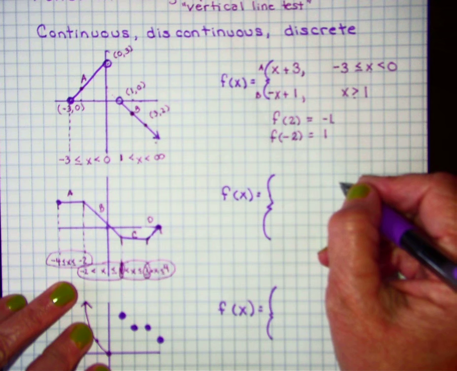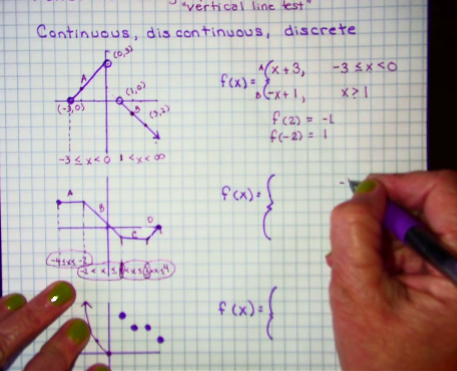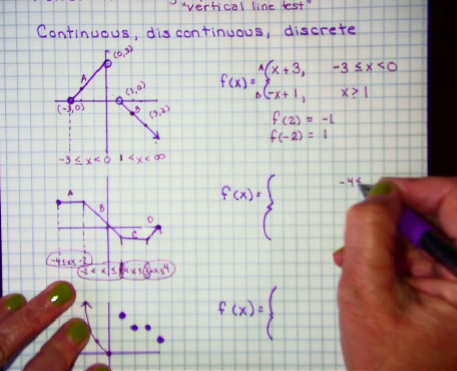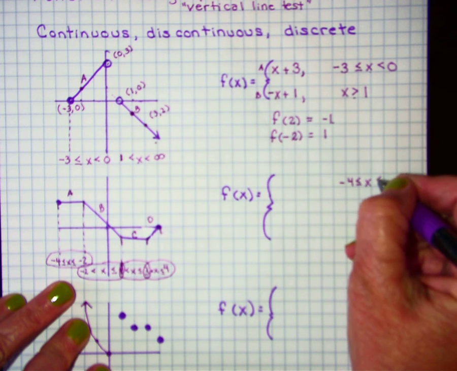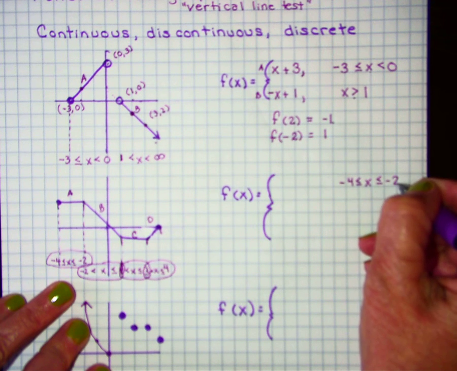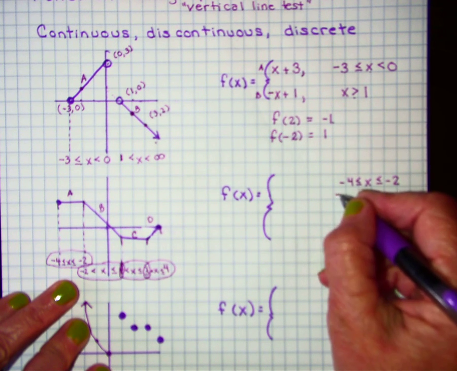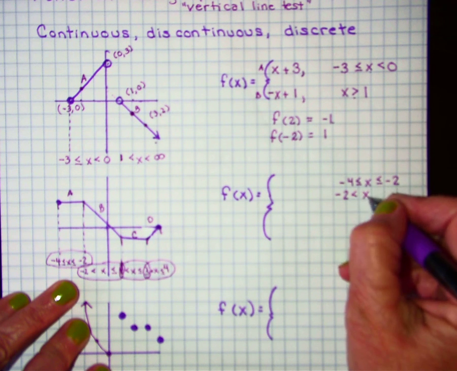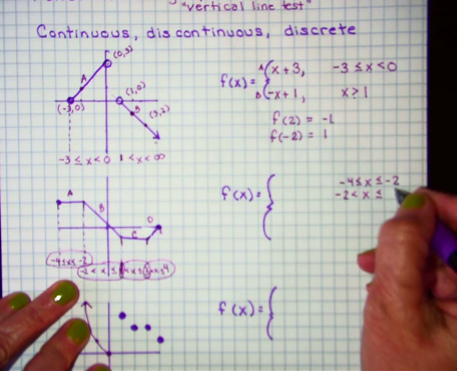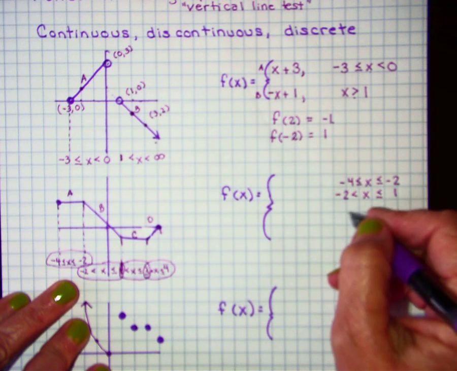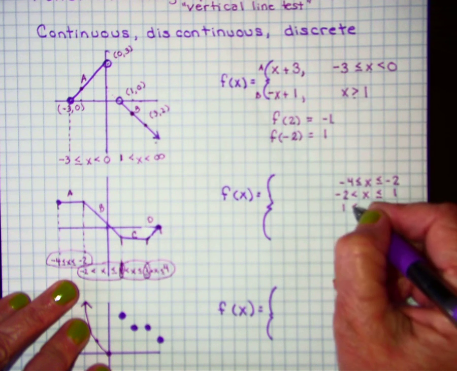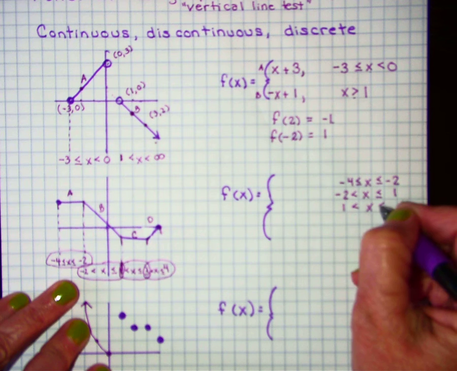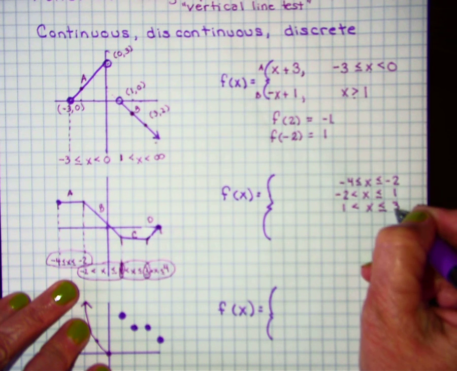So in this case, I've got one piece that goes from negative 4 is less than or equal to x, which is less than or equal to negative 2. My second part is from negative 2, which is less than x, which is less than or equal to 1. My third part goes from 1, which is less than x, which is less than or equal to 3.